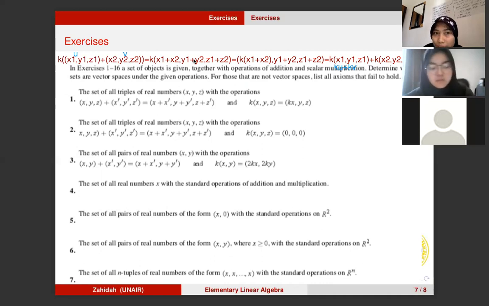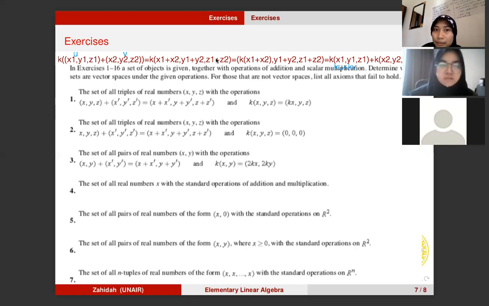So this operation just follows this: k times (x1 plus x2, y1 plus y2, z1 plus z2). This is our u plus v, right? The first, second, and third components. If we multiply by k, we get k times the first component, k times (x1 plus x2).